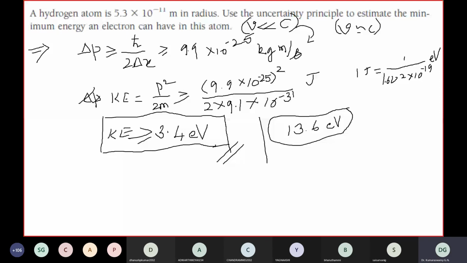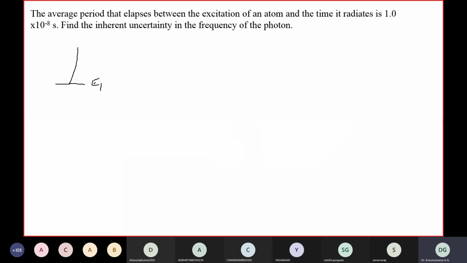What happens? An electron is there, and the electron is excited. Let's say the electron is at this energy level, E1. Then some energy is given. Let's not bother how the energy is given. This atom excites to energy E2. This is an unstable state. It cannot stay here for a long time. It has to come back.